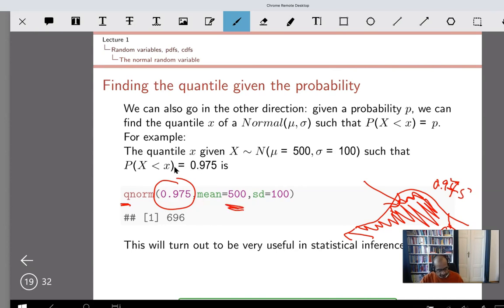For a given normal distribution with some mean and some standard deviation, I just chose some arbitrary examples, this tells you the quantile such that the area to the left of it is 97.5%. This is a super useful tool when you want to find a particular quantile, a cutoff point in a normal distribution. Okay, and this Q family of functions will be available for every distribution that you have in R, the binomial and other ones as well.